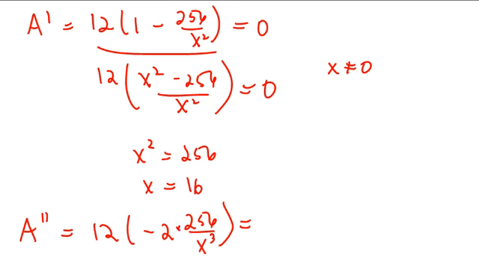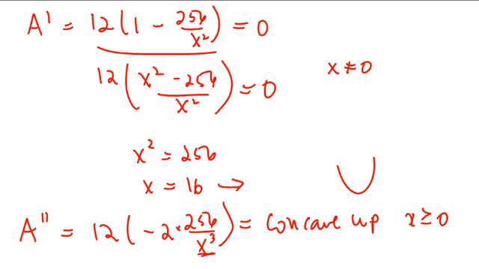That's a multiplication here, and that means when x is positive, which we're always going to have, the second derivative is also always positive, so we've got a concave up function always when x is greater than 0. And if it's concave up, this represents a minimum, because it would be at the bottom of the concave up, since we know this is a critical point where the derivative is 0.